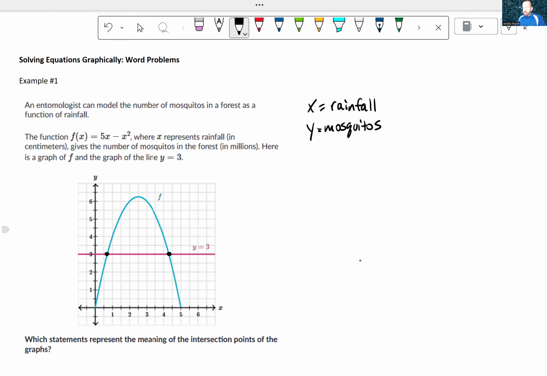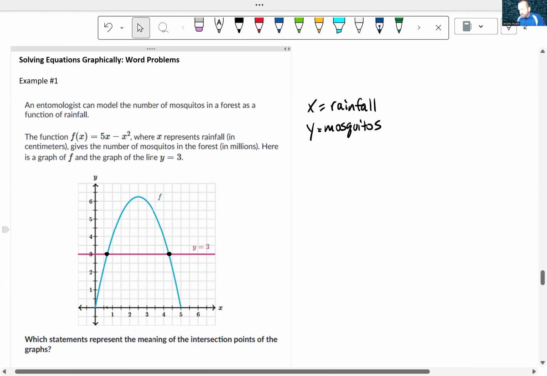Looking at this first intersection point, this says there's 3 million mosquitoes and maybe about 0.7 centimeters of rain. And this second solution says there's 3 million mosquitoes and maybe about 4.4 centimeters of rain.